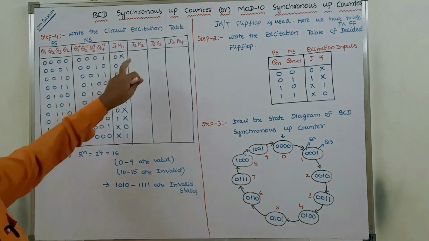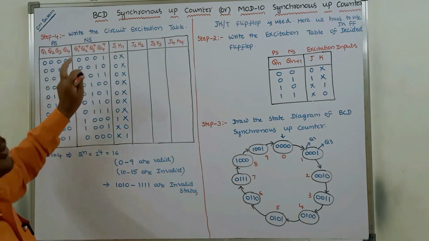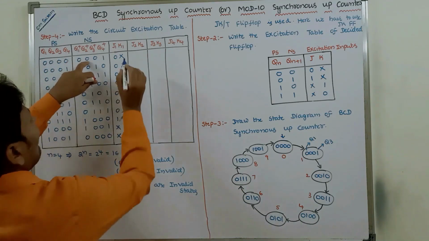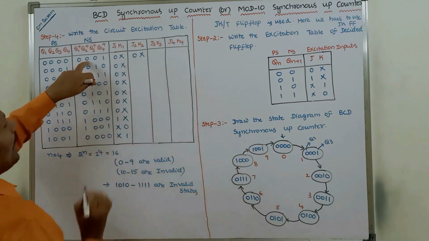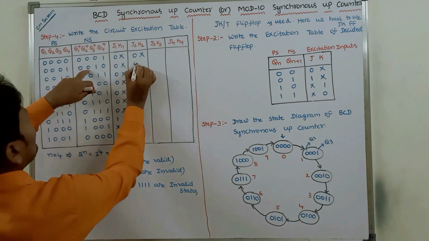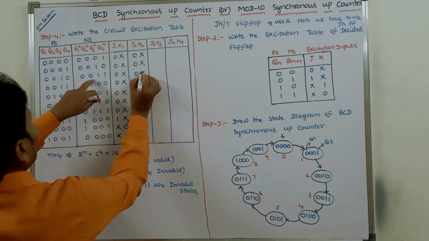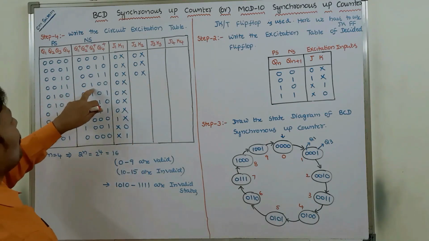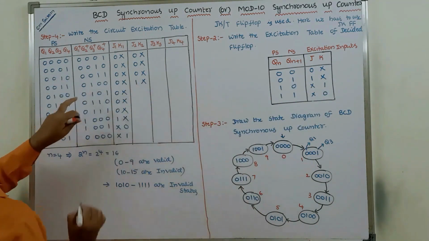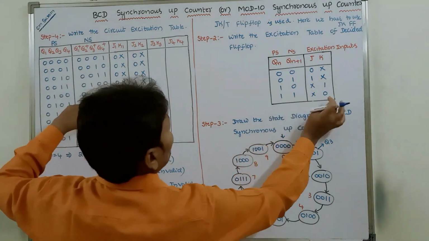Next one. For filling out the J2, K2 column, we have to consider Q2, Q2 plus as inputs. First, Q2 value 0, Q2 plus value is 0, excitation inputs are 0, don't care. Q2 value 0, Q2 plus value 1, so 1, don't care.